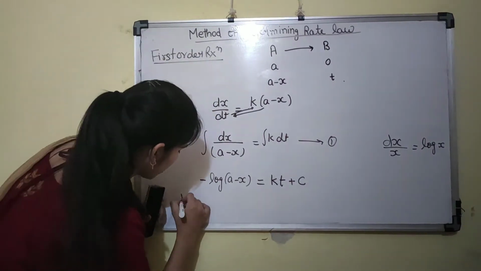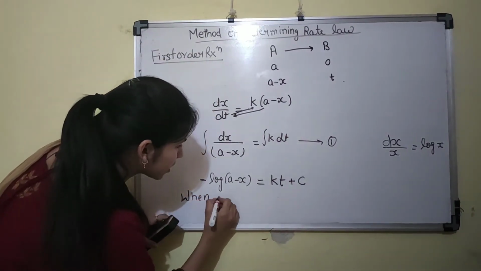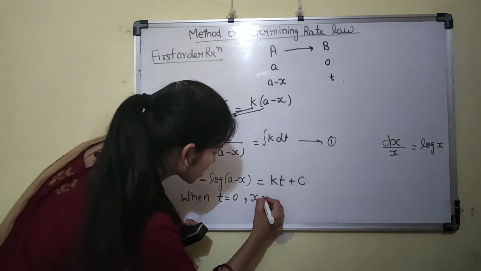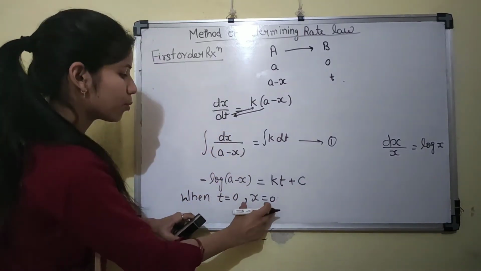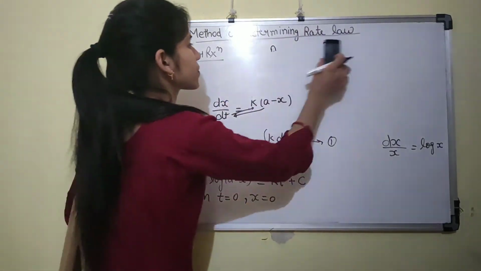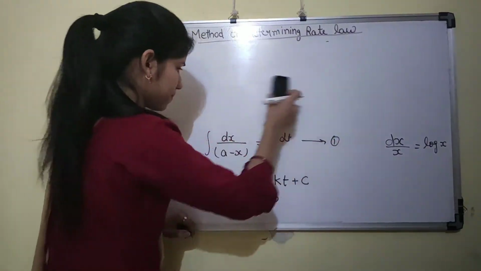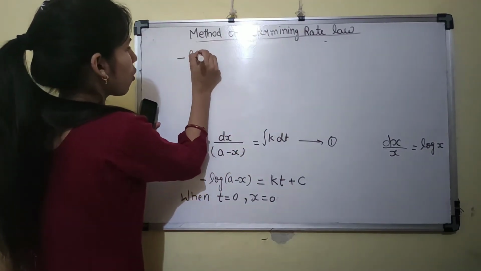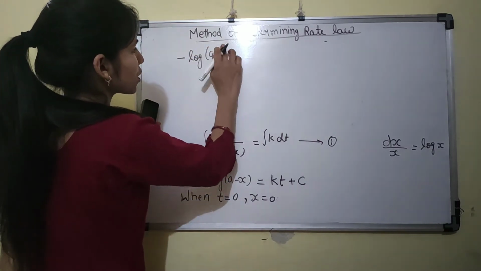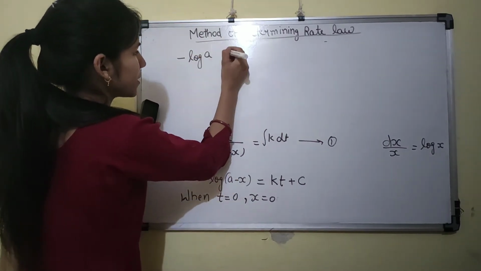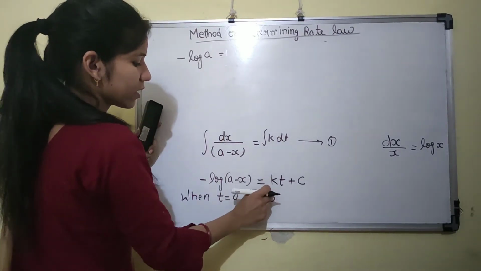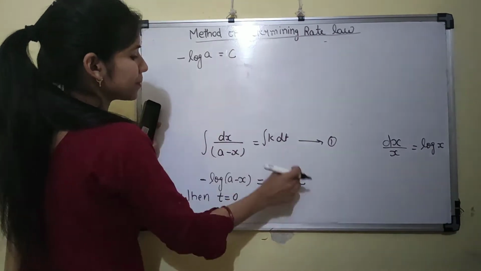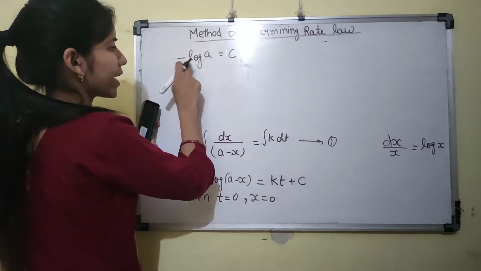Now when t is equal to 0 and x is equal to 0, put in this equation, so minus log of A minus 0, which is log of A, equals c, so the value of c is minus log of A.